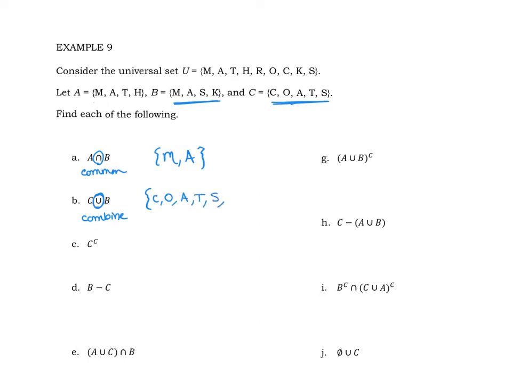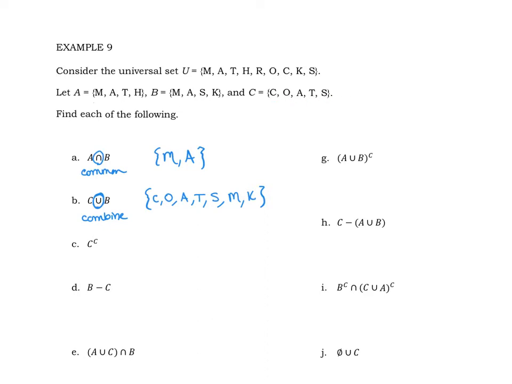And then I'm going to move over to set B, and I'm going to write any element that has not yet appeared. So there's an M, there is an A, but it's already listed. We're not going to list it twice. There's an S, again, it's already listed. We're not going to list it twice. And then there's a K. So what we're doing is we're throwing all of the letters that appear in both set C and set B together into one big pile.